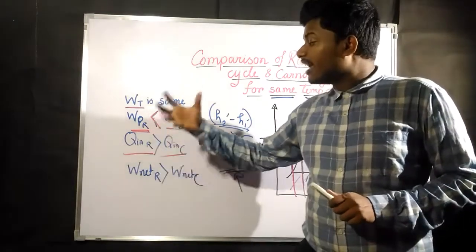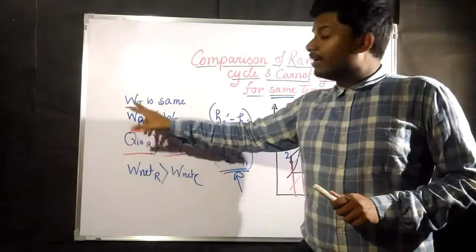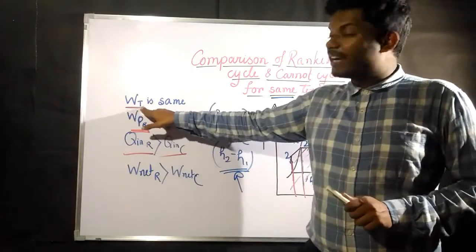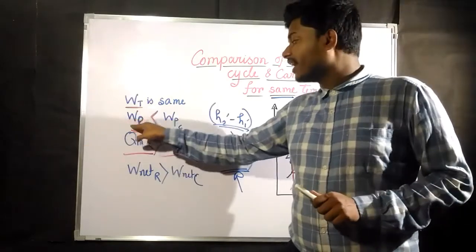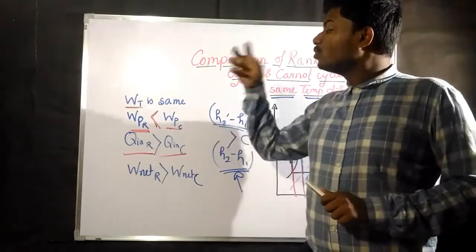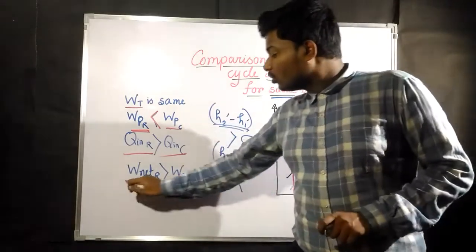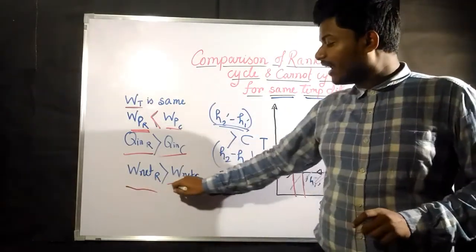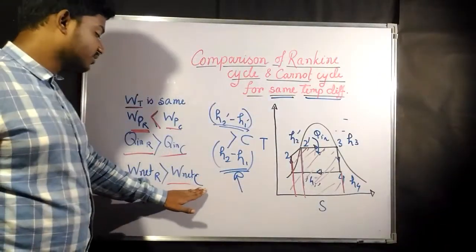Why? Because the amount of work that we give to the pump is less. The output we get from the turbine is the same, but the input work we give in the Rankine cycle is less, whereas the input work we give in the Carnot cycle is going to be higher. So net work is more for the Rankine cycle.